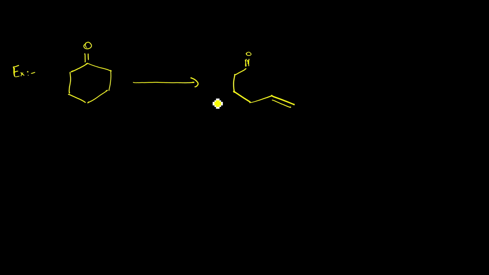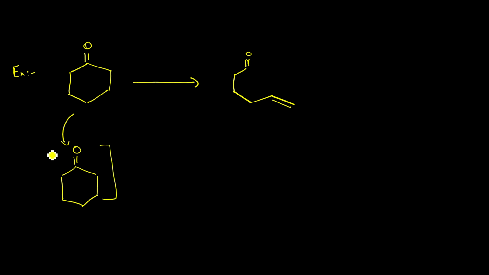Can you pause this video and try it for yourself, and I will do it then. Here, as you can see, there's a carbonyl structure. Now what you need to know is, when you have a carbonyl structure, the first thing that happens is the excitation. So first let's do the excitation process.